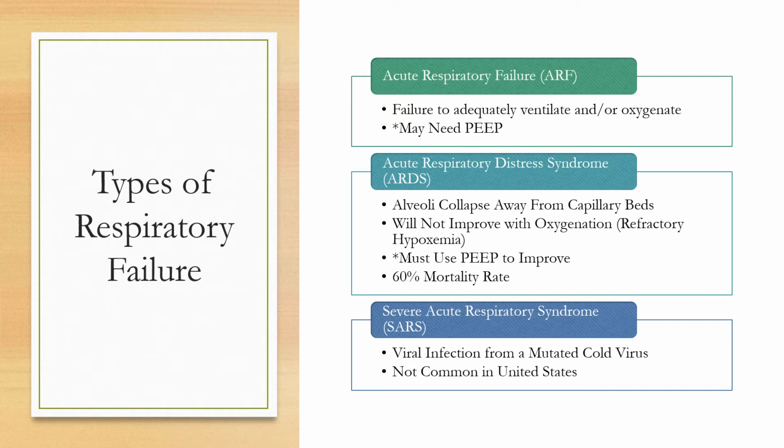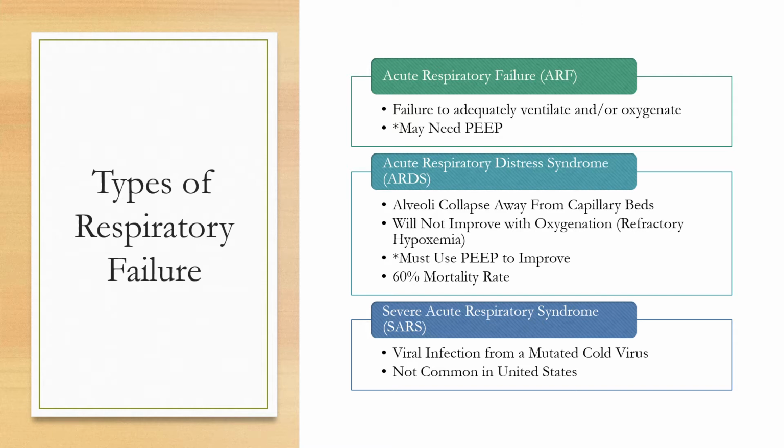Or there's something wrong with the chest wall. They have Guillain-Barré syndrome. They have myasthenia gravis. They have something that's stopping them from the ventilation process, right? And ventilation just means getting the air from your mouth to the alveoli. And that can cause respiratory failure. Okay, a flail chest would be an example of inability to ventilate.